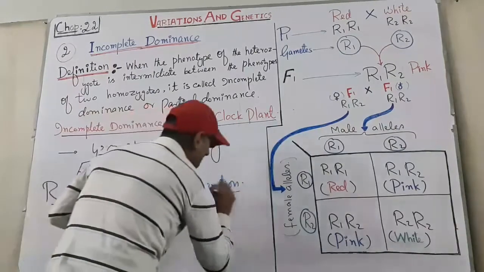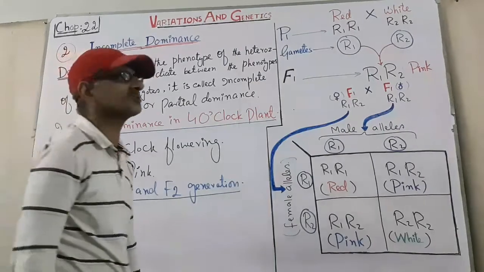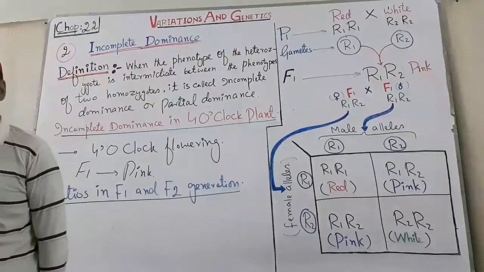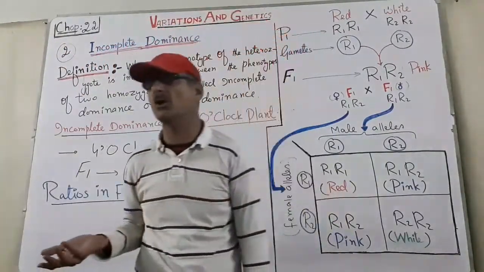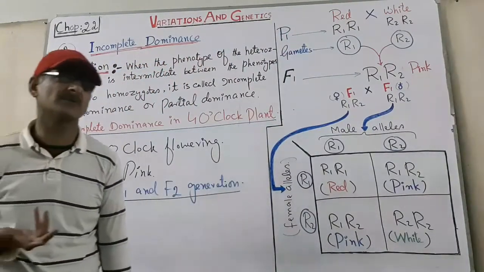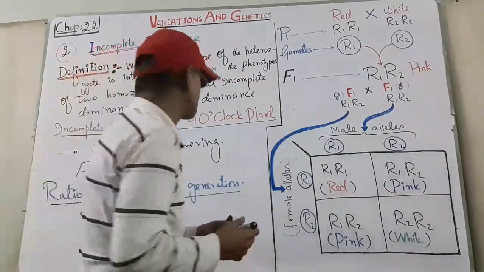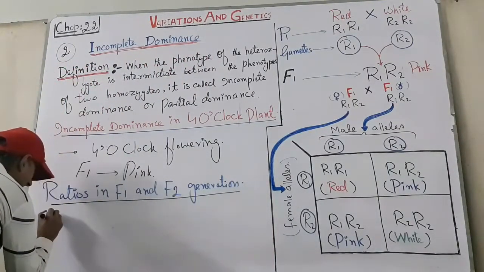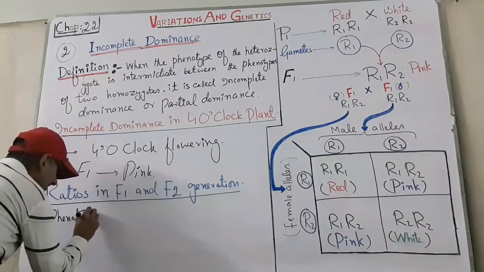In case of incomplete dominance, the phenotypic ratio and the genotypic ratio are the same. We have already studied that in complete dominance the phenotypic ratio and genotypic ratio were different, but in this case the two types of ratios are the same. Firstly, we see the phenotypic ratio.